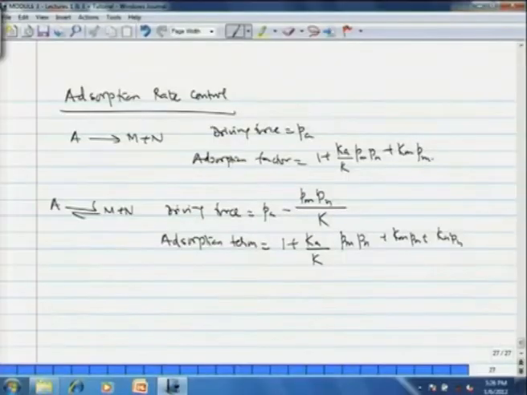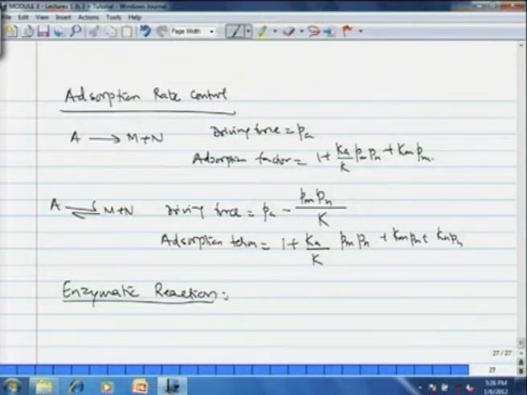Now, this general equation we can write in a very simple way. First, we note the points.